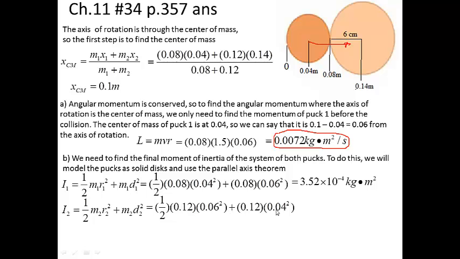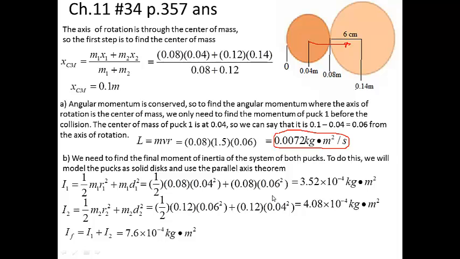For the second puck, I just want to point out that the distance from the axis of rotation is 0.14 minus 0.1, so that's where the 0.04 comes in. If you plug all those numbers into your calculator, you get 4.08 times 10 to the negative fourth. So the total moment of inertia of the system of pucks, IF equals I1 plus I2, is 7.6 times 10 to the negative fourth.